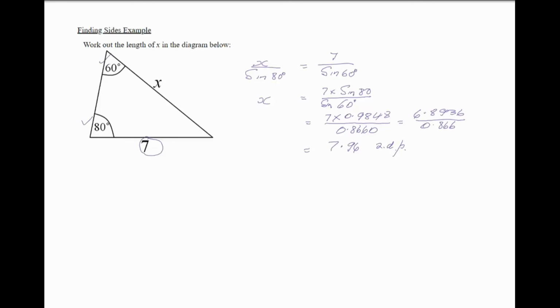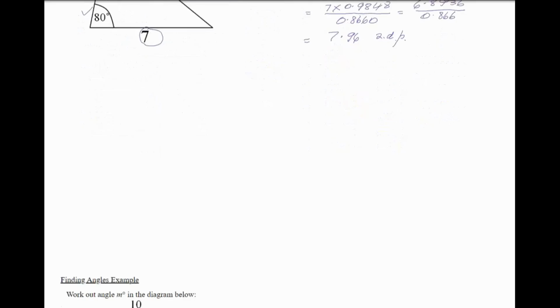Okay, we are now going to look at the solution of an angle. Now we are given two sides, 8 units and 10 units, and an angle opposite one of the given sides, which is 75.